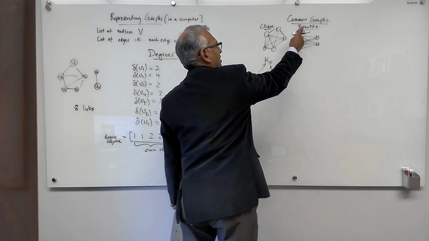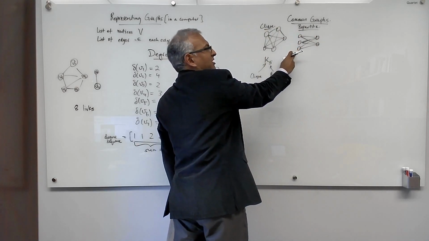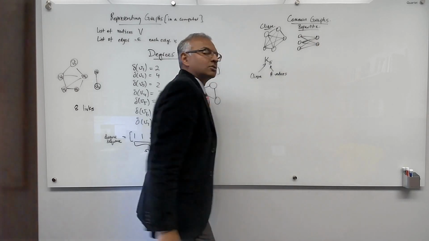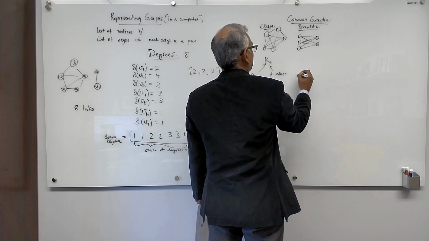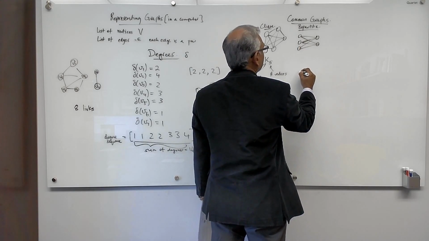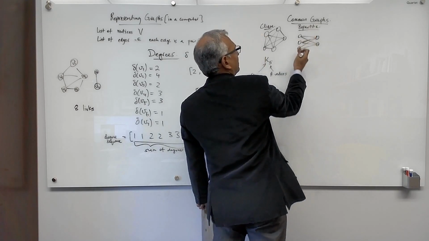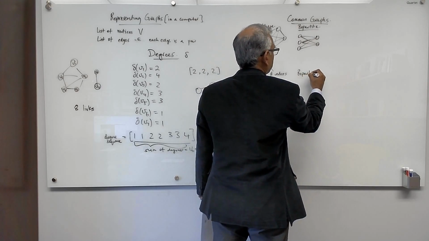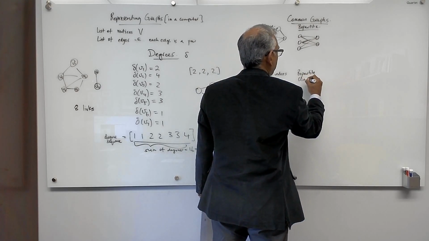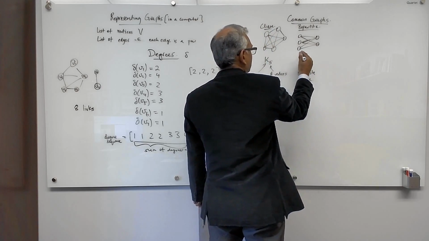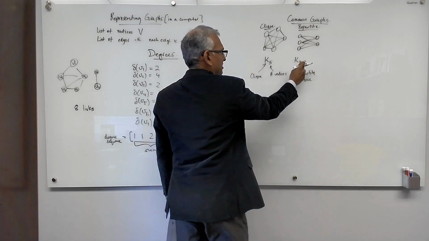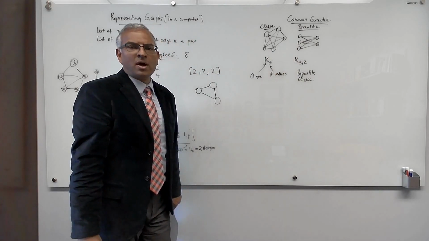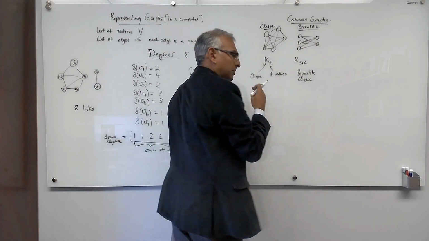Here I'm saying that every left vertex is affiliated to every right group. This is called a bipartite clique. Bipartite means there are two parts. We use the notation K of 3, 2. So 3 means I have 3 type 1 vertices and 2 type 2 vertices.